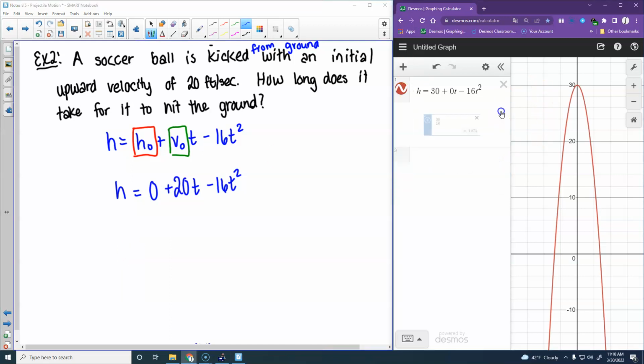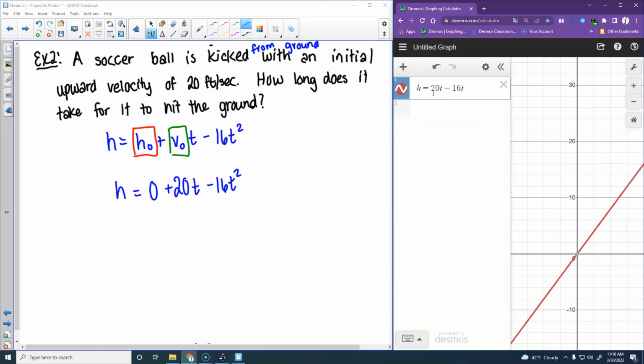So we want to know how long it takes for this to hit the ground. So we're just going to go over to our Desmos. I want everybody to type theirs in as well. Okay, so type that into Desmos for me.